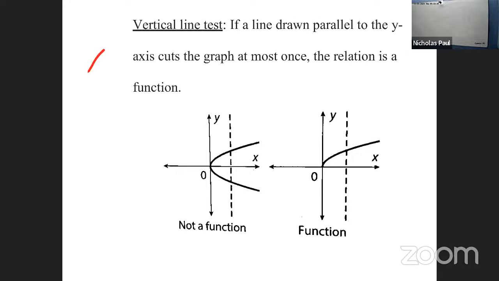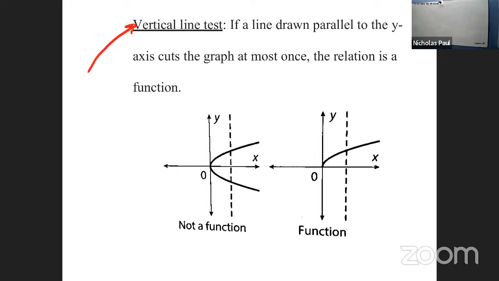The test that we generally use, we call the vertical line test. If a line drawn parallel to the y-axis cuts the graph at most once, the relation is a function.